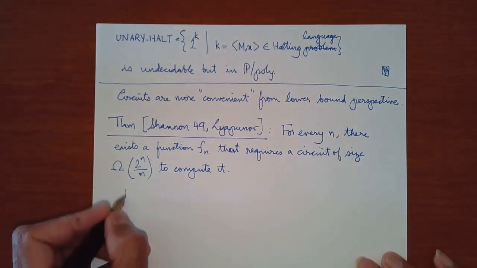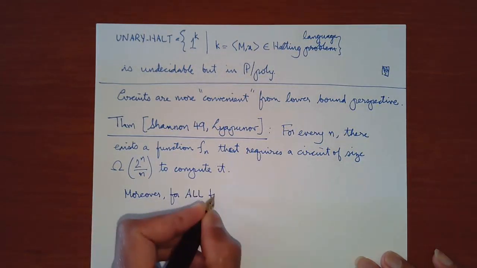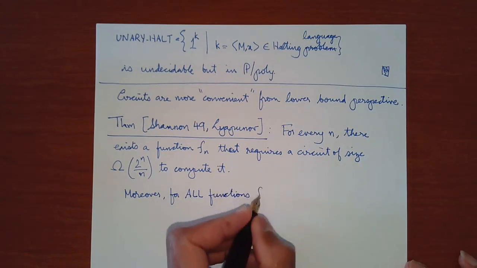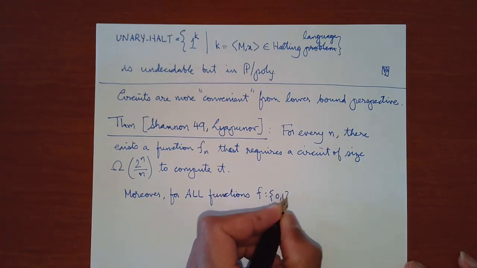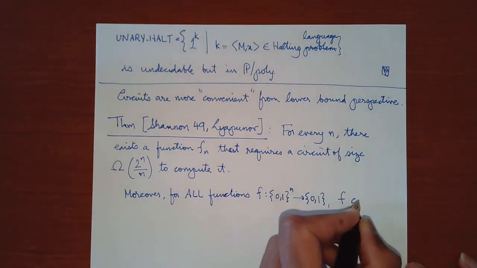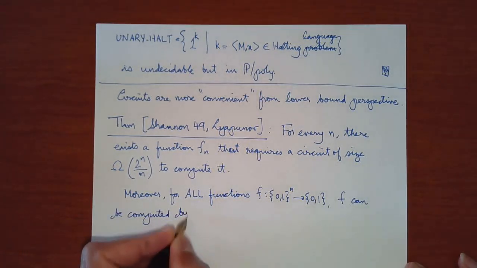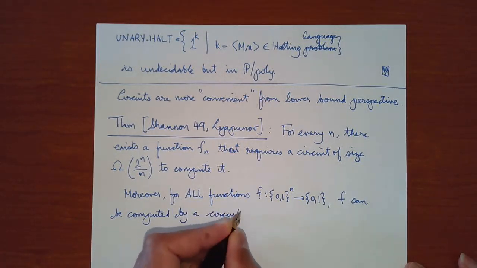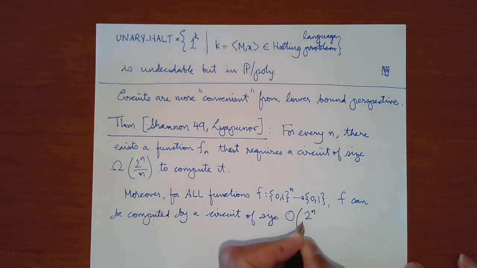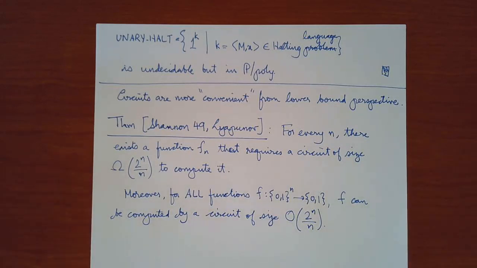What is remarkable is that all functions f, which are n-input functions, can be computed by a circuit of size O of 2 to the n divided by n. So 2 to the n divided by n is actually the right answer.